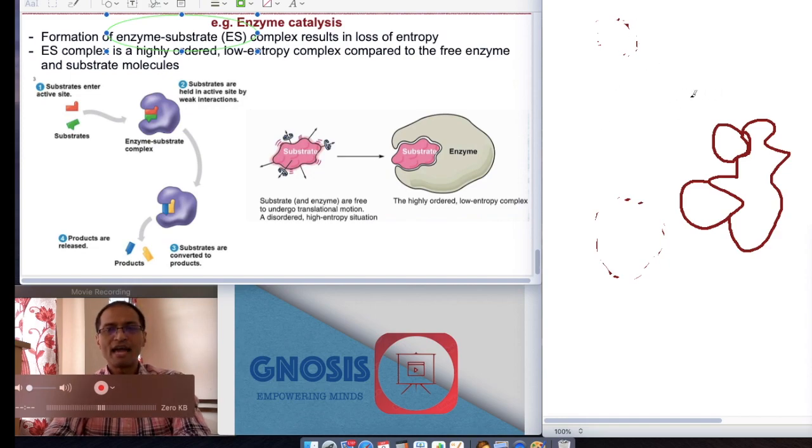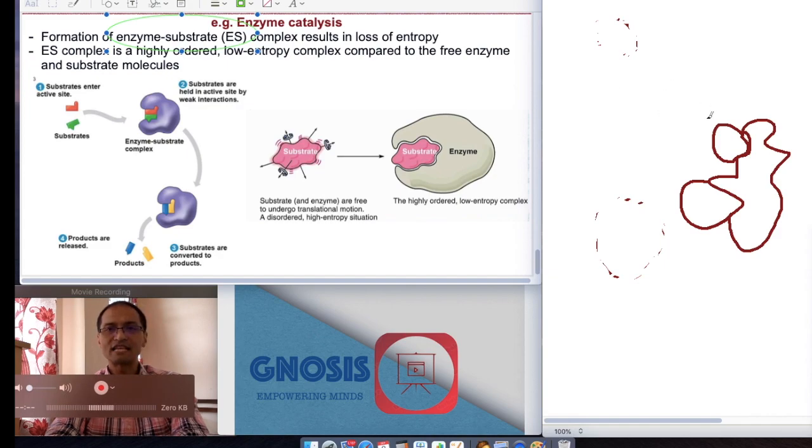Therefore, enzyme catalysis functions on the basis of reducing the level of entropy that exists in a solution when you have enzyme and substrate together in the particular environment. As a consequence, the chances of reaction taking place between the two substrates are comparatively higher as compared to when the substrates are free in solution.